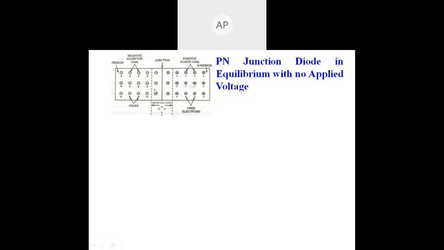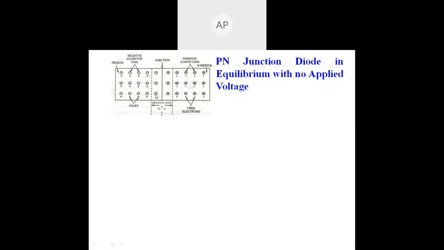As the diffusion process takes place, electrons cross the junction and enter the P region. So they behave as a donor, and as a donor they create positive ions near the junction.